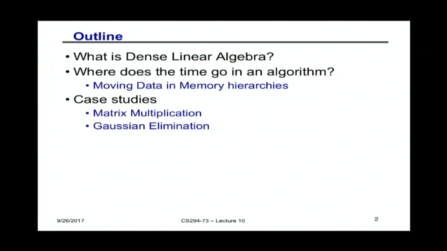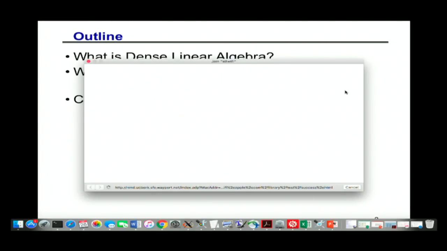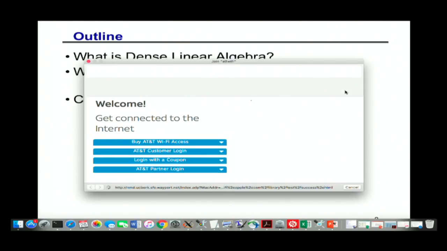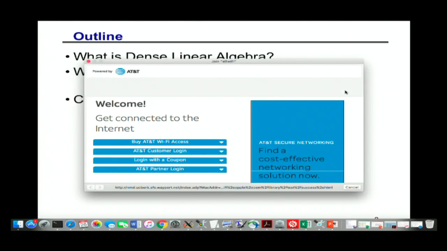In particular, in this lecture, we're going to talk in much more detail about two algorithms. One is the basic matrix multiplication, and the other is the basic algorithm, Gaussian elimination, to solve linear equations.